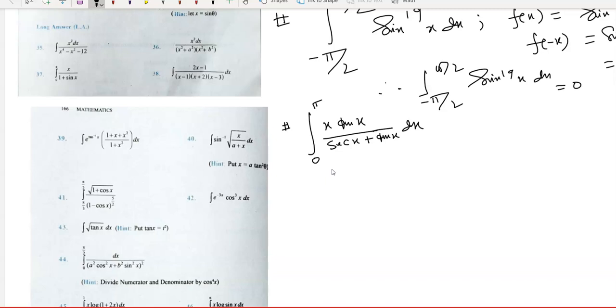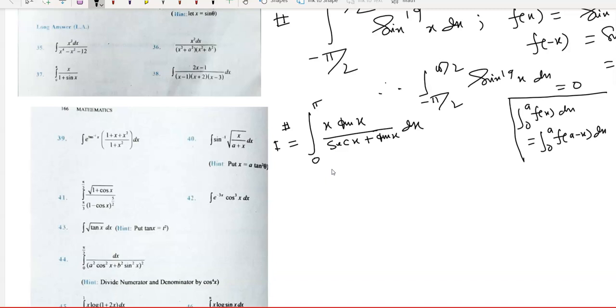But before by parts, let's see whether a property helps us or not. And the most important property is the third one: the integral from 0 to a of f(x) dx is nothing but the integral from 0 to a of f of a minus x dx. I'm going to use this property.